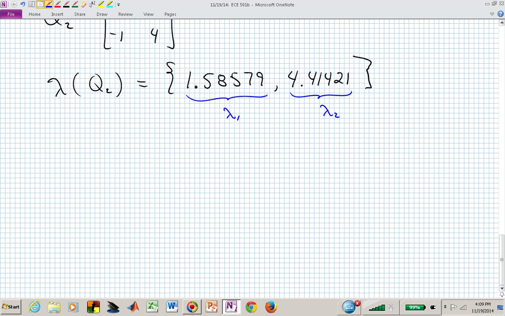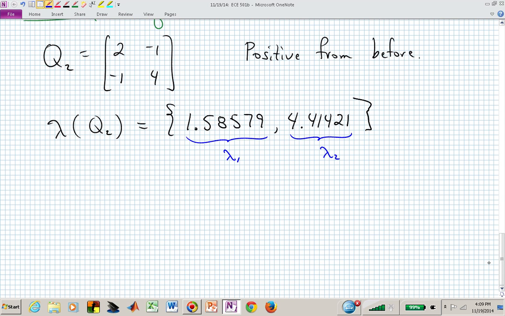And because this matrix is real and symmetric, so it's self-adjoint, we can now find orthonormal eigenvectors for that matrix.